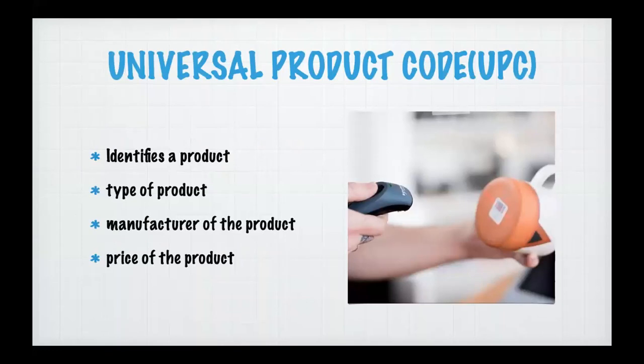You must have seen the barcode on every product. That barcode is actually a universal product code which identifies not only a product but also the type of the product, the manufacturer, and also the price, which makes storing the sales data easy and effective.